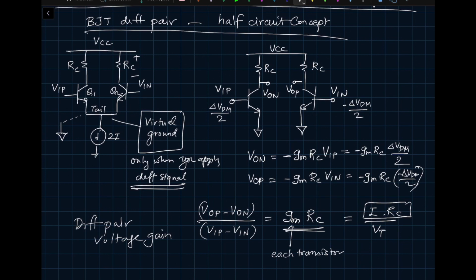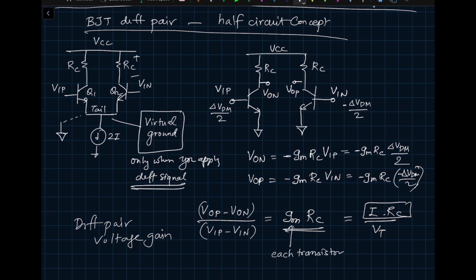Now we need to figure out what happens for common mode signal also, because a real signal will have both common mode signal as well as a differential signal, and we can apply superposition to both and then figure out the combined response, right? In this particular case, we only applied differential signal, and we figured out that the tail node looks like a virtual ground.